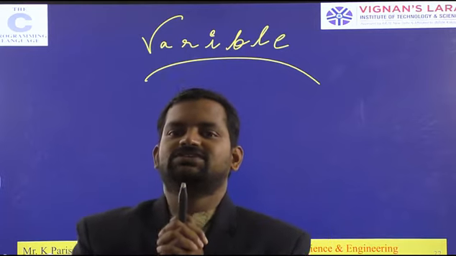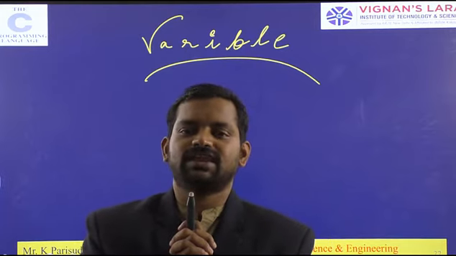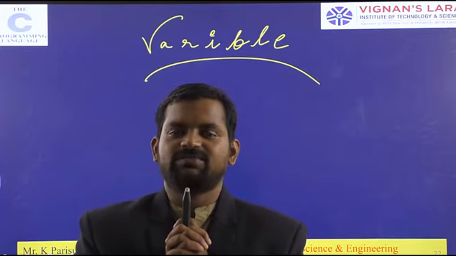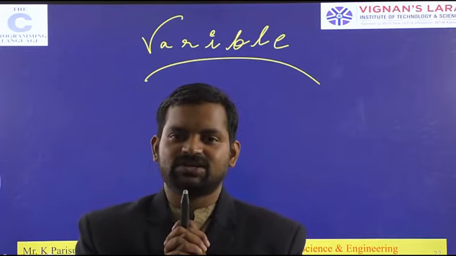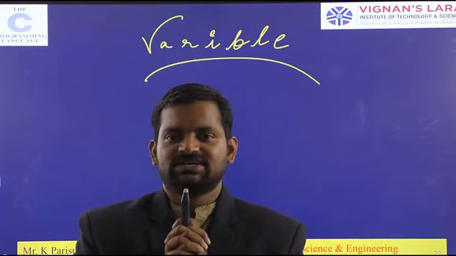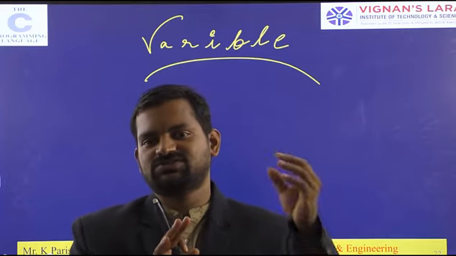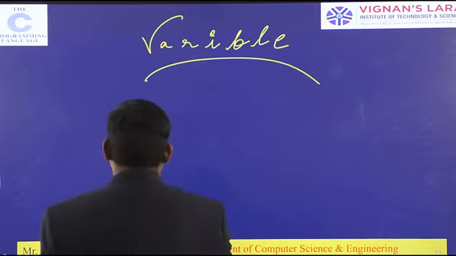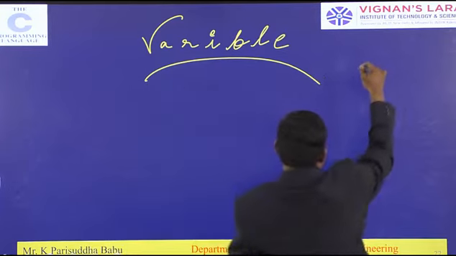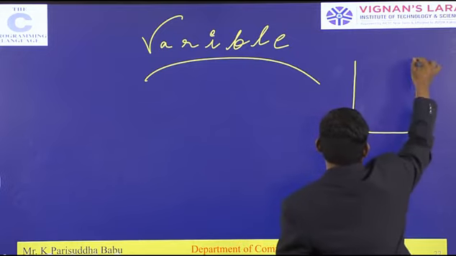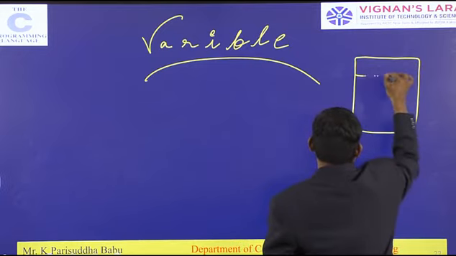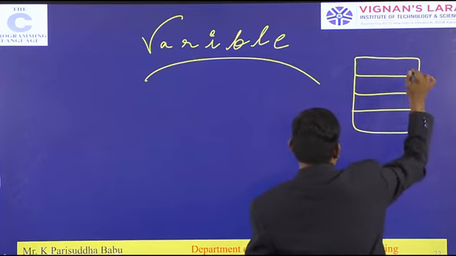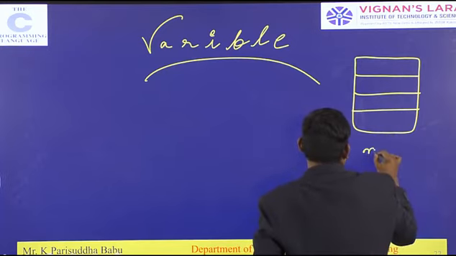In C language, a variable is a named memory location. What is a variable? A variable is a named memory location in which the data has to be saved. For example, if you see, this is the memory.